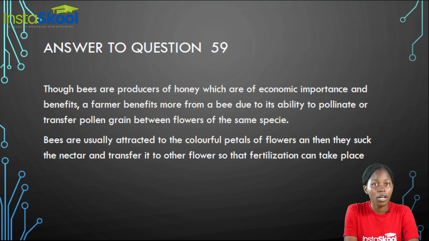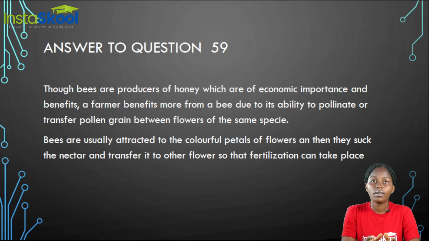They are also of health benefits. But a farmer benefits more from a bee due to the fact that this bee has the ability to pollinate. That is, bee is a pollinator. It transfers pollen grain from one flower to another of the same species.